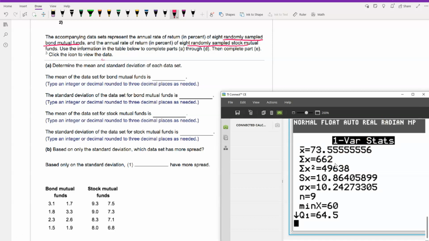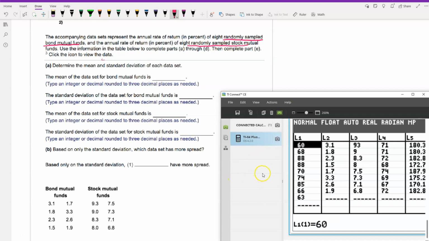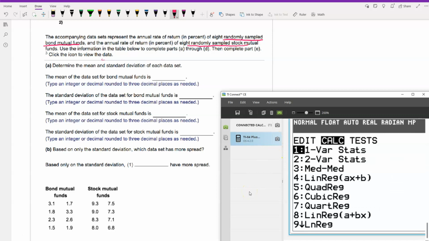So we have to use stat edit to enter these numbers. I entered bond mutual funds into L2 and stock mutual funds here in L3. So first, working on bond mutual funds, use stat calc, number 1, 1-Var Stats, enter.